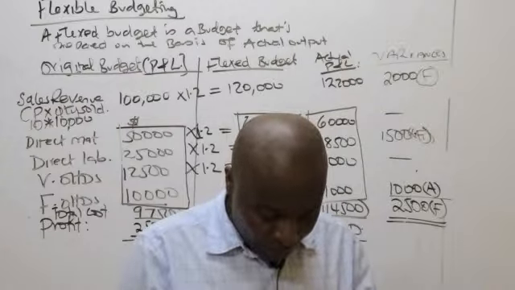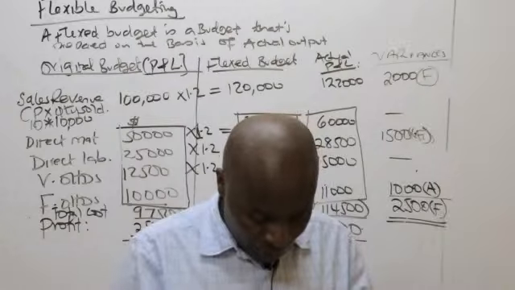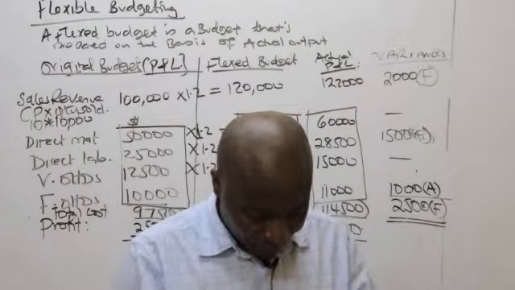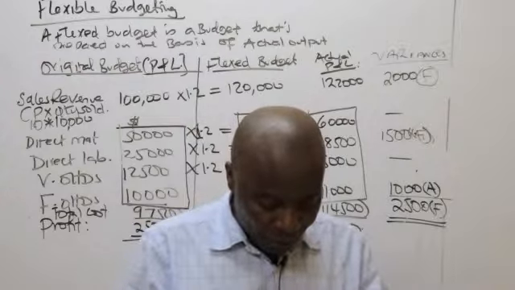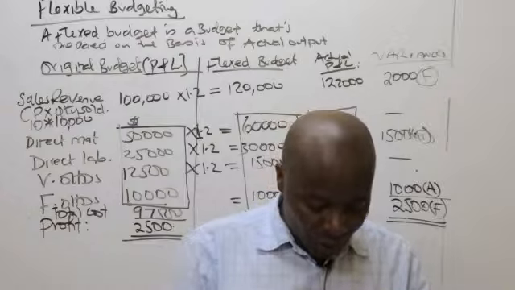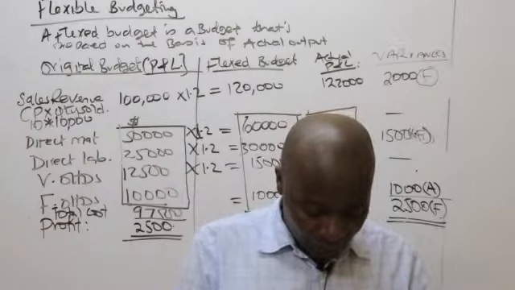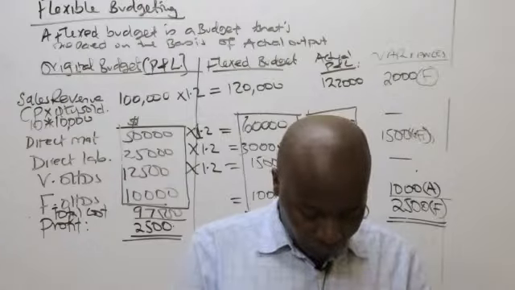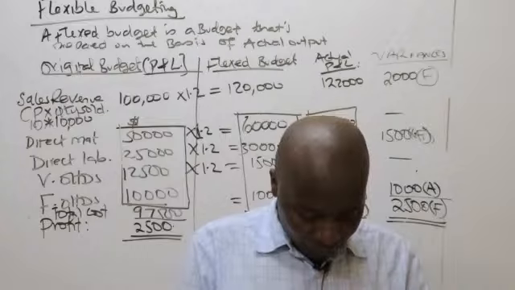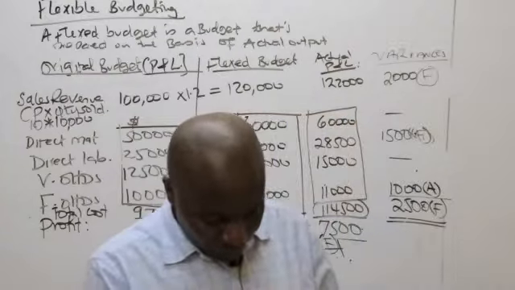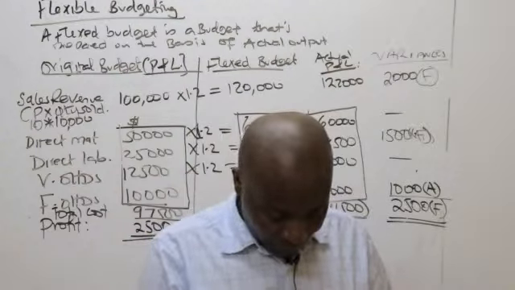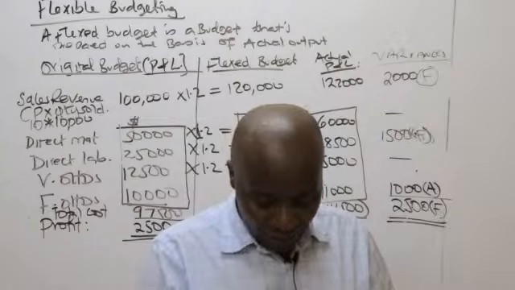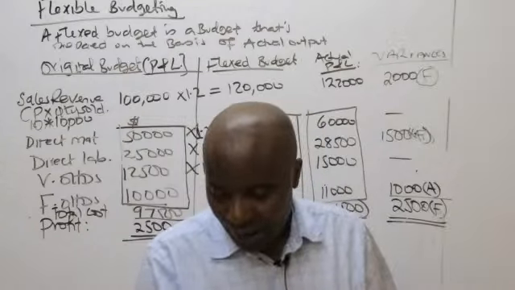So I want us to go to our past papers, and I would want us to do November 2017, question number 5A, CPA.